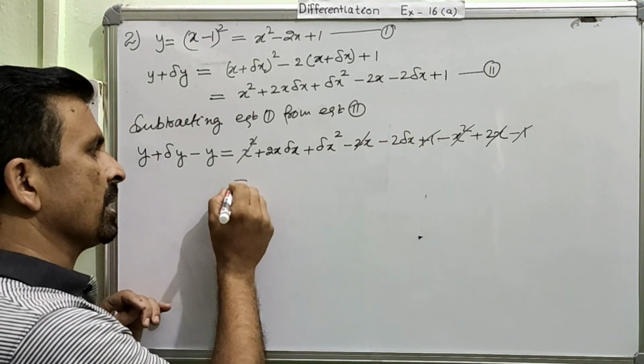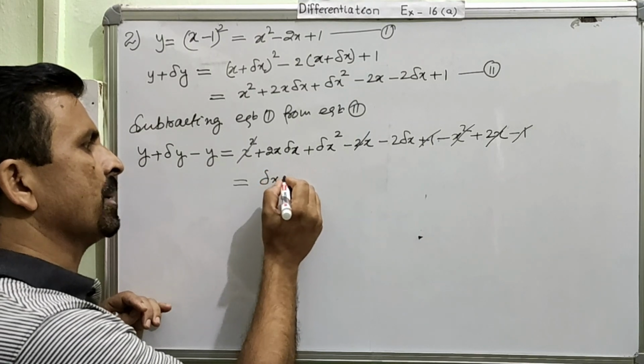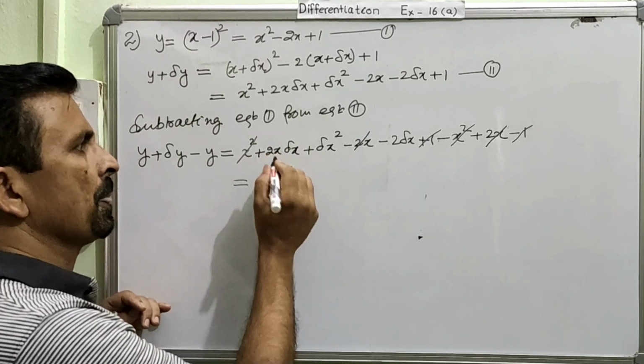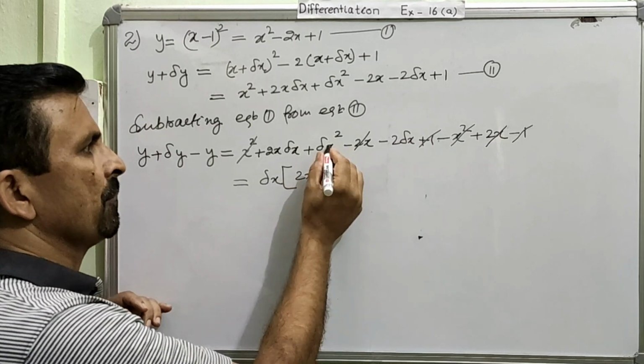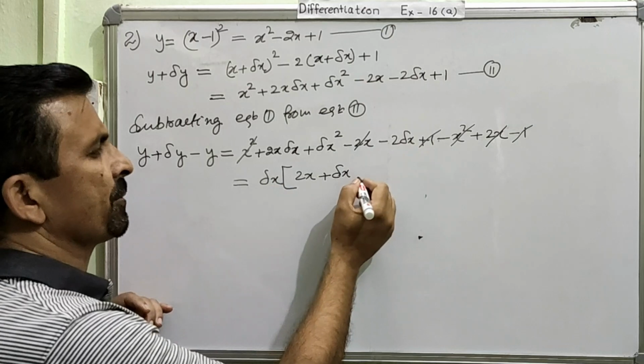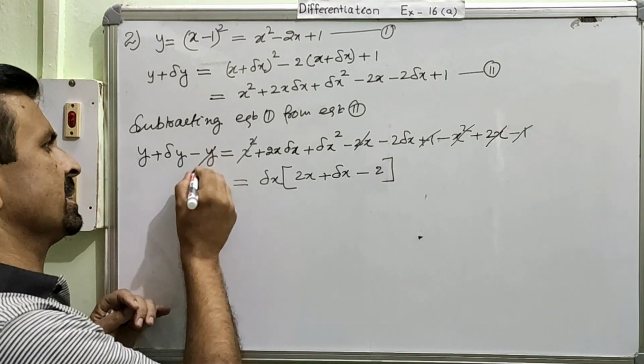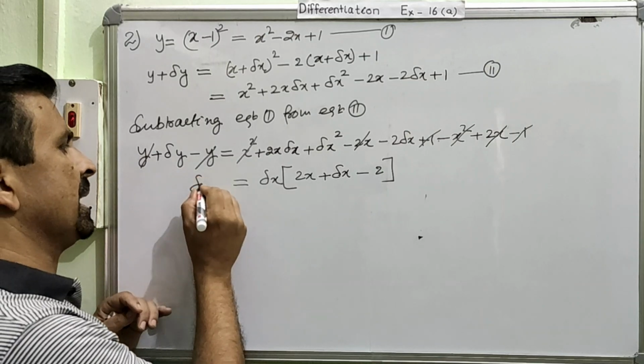So we will write all three terms with delta x as common. Delta x is common, take it out. From here you will get 2x. From here you will get just delta x because one delta x is out. And from here you will get minus 2. On the left hand side, this and this are cancelled. You are left with delta y.